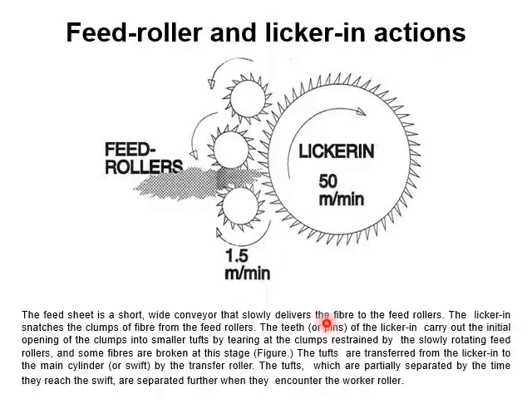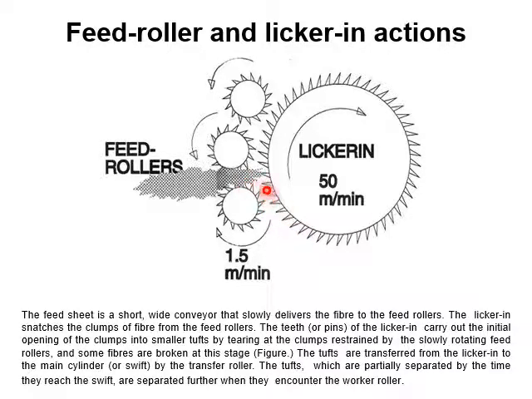The teeth or pins of the licker-in carry out the initial opening of the clumps into smaller tufts by tearing the clumps. How does this tearing happen? Because the feed rollers are moving slowly and the licker-in is moving at a higher RPM. So the tearing of clumps happens.